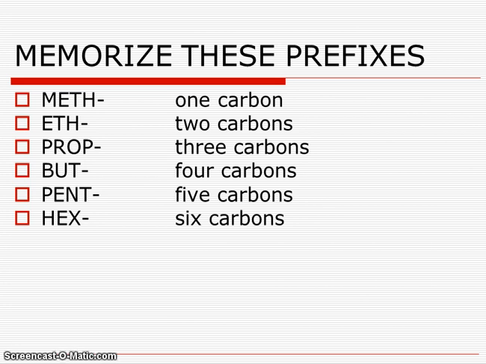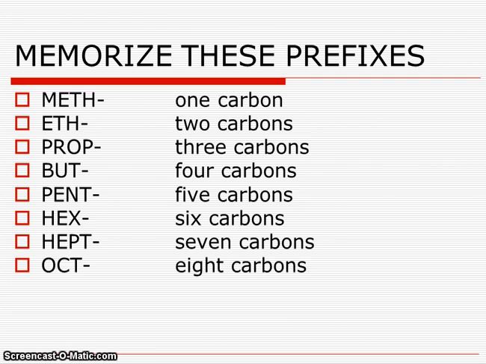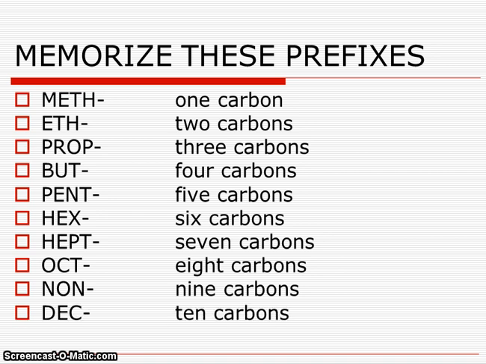Hex is 6. Hept is 7. Oct is 8. Non is 9. And dec is the prefix we use for 10 carbons. There are prefixes that go beyond 10 carbons, but for what we're going to do, we only need to know these.